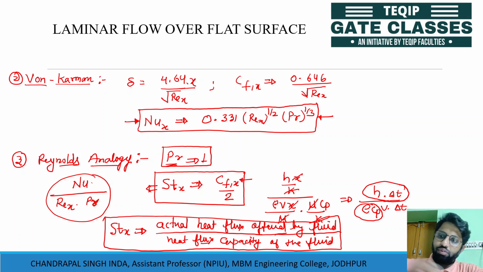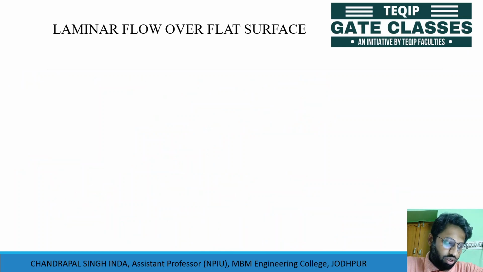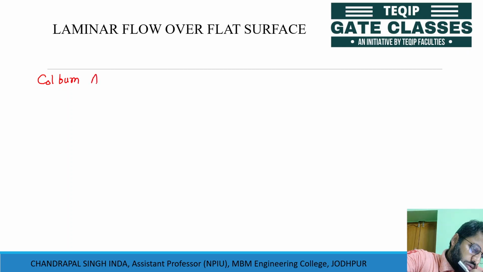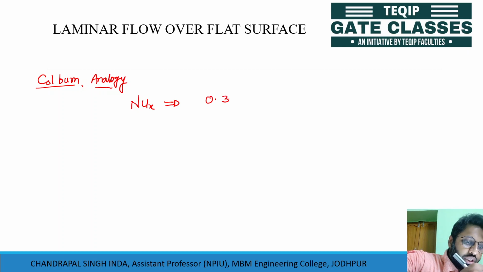The next analogy that we are going to use is the Colburn analogy. According to the Colburn analogy, we have the result that Nusselt number is equal to 0.332 times Reynolds raised to 1 by 2 and Prandtl power 1 by 3.